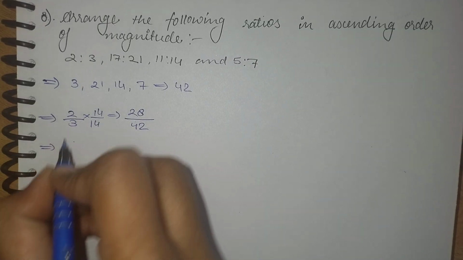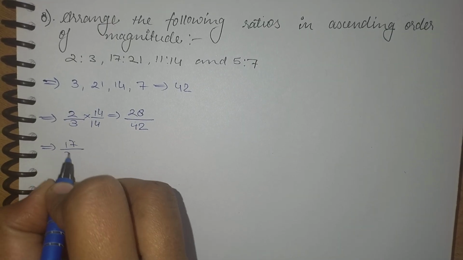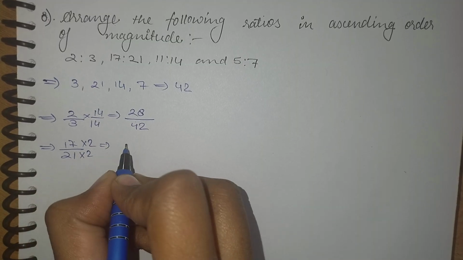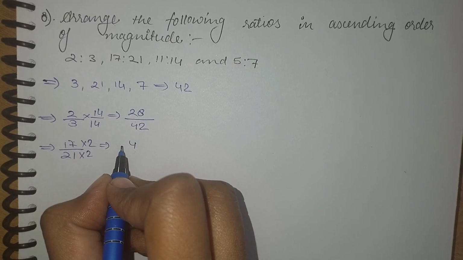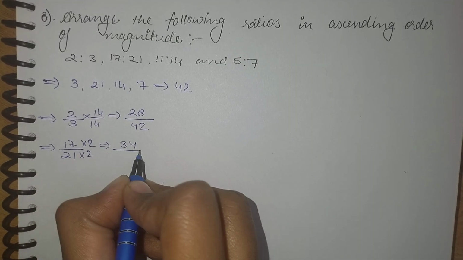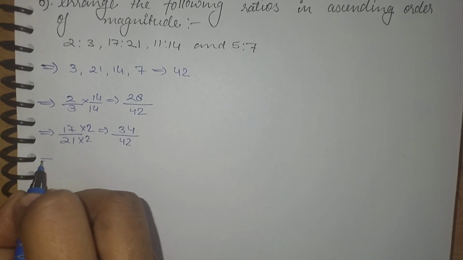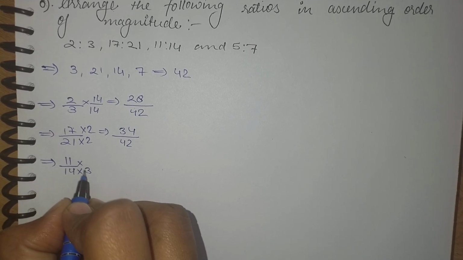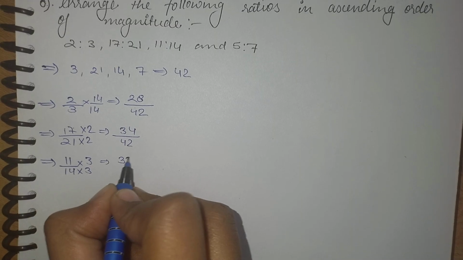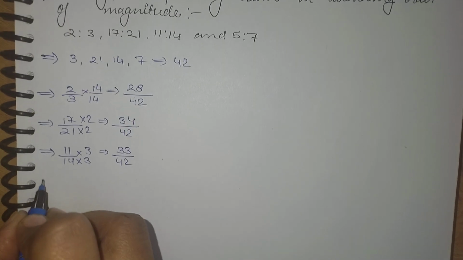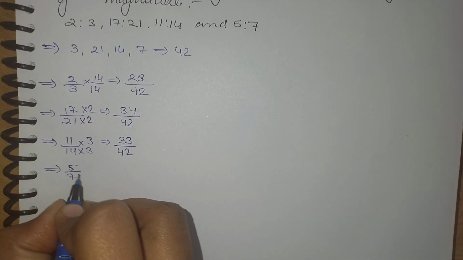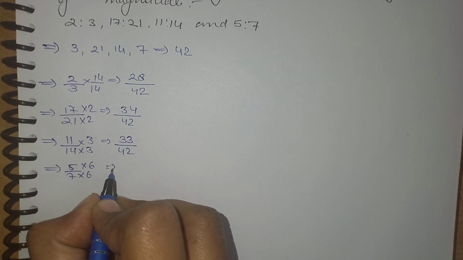For the second, that is 17 upon 21, multiplied by 2 on both, that will become 34 by 42. Again for 11 ratio 14, multiplied by 3 on both, that will become 33 by 42.